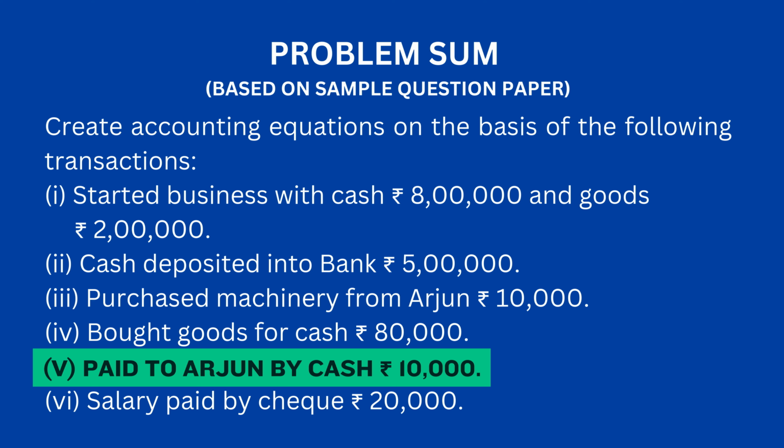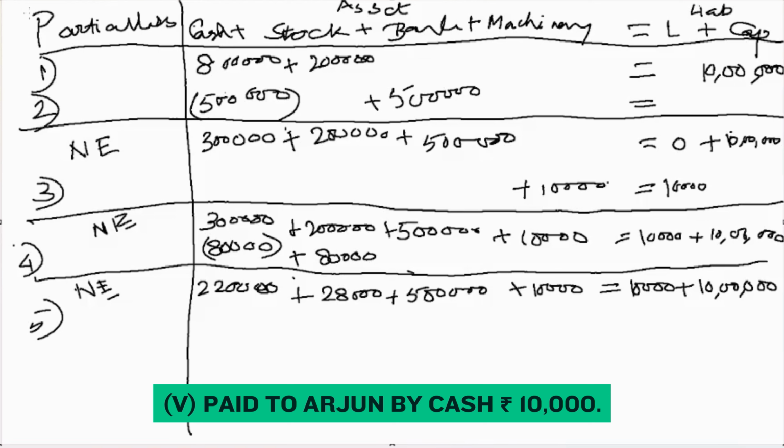Now, in the next case, what we see is Arjun paid by cash rupees 10,000. So 10,000 will be subtracted from cash and Arjun will be subtracted 10,000, which was already present. Now, for the fifth equation, what we have is we are paying to Arjun 10,000.